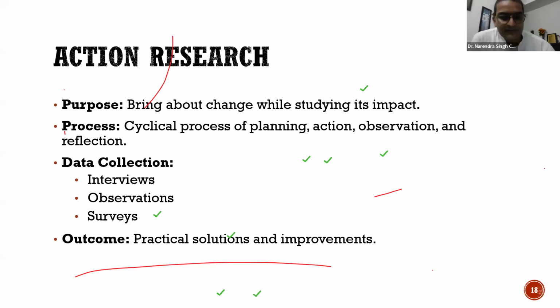Now, the Delhi Metro is going to soon launch a service where the travelers will get the information about which coach has, you can say, maximum passengers, and which coaches are empty, so that accordingly they can enter into the coaches. Now, this is action research basically.